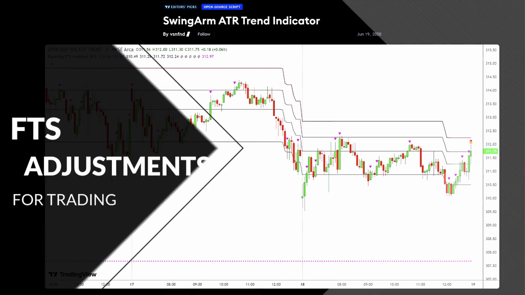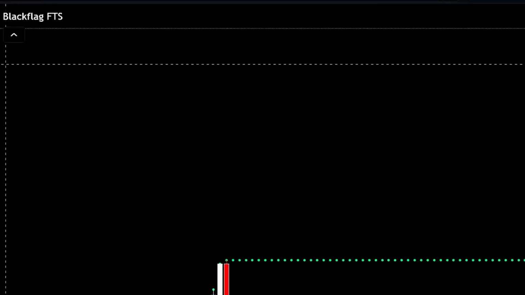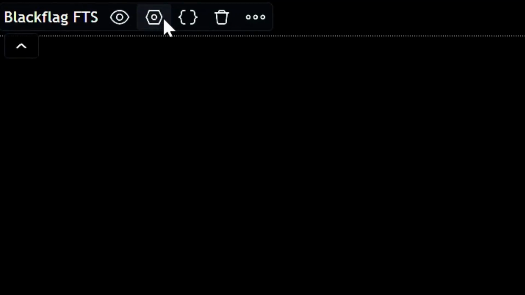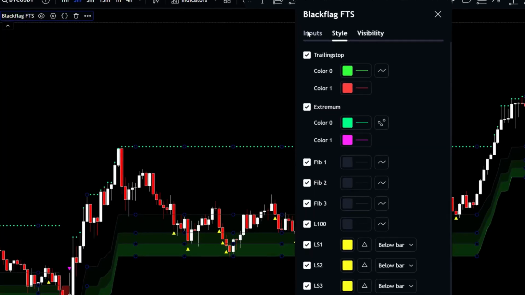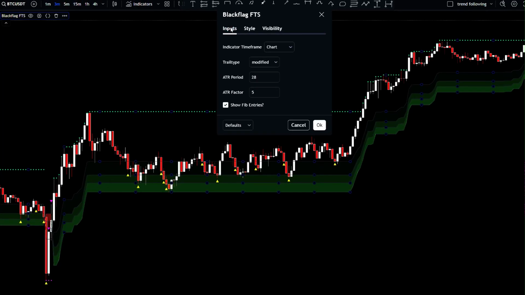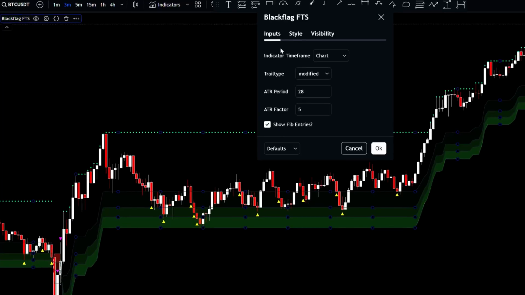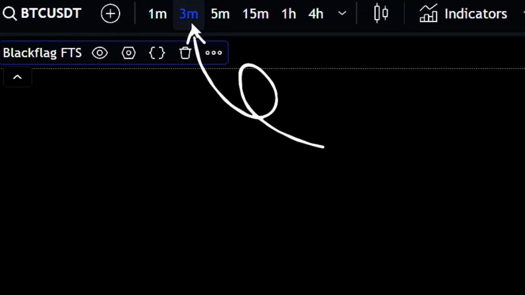Alright, so we're diving into the settings now. Since we're trading on the 3-minute chart, we set the indicator to one time frame higher, which is the 5-minute time frame. That's the little trick we use.